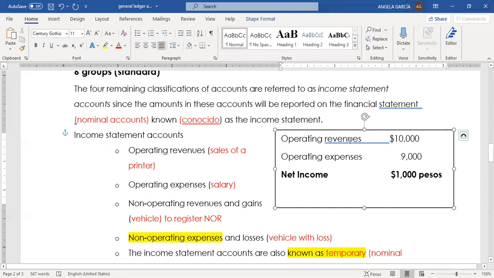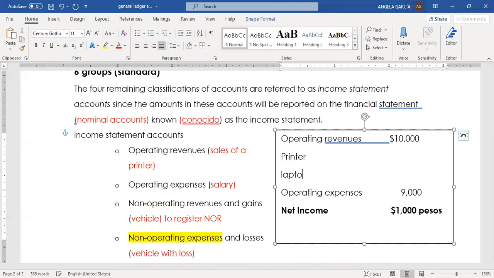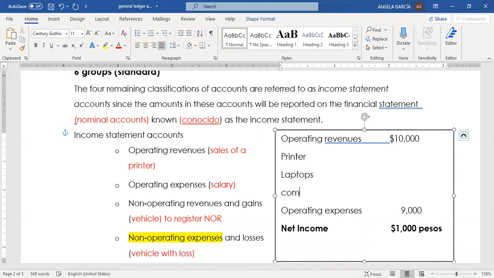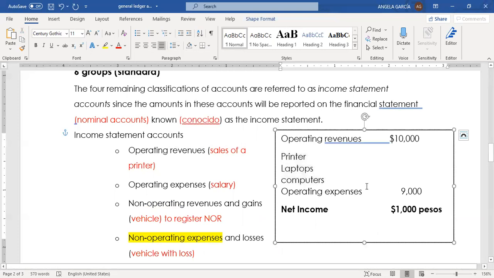So you may have in the chart of accounts a specific account for each type of product: printers, laptops, computers. That is the detail for selling those products.